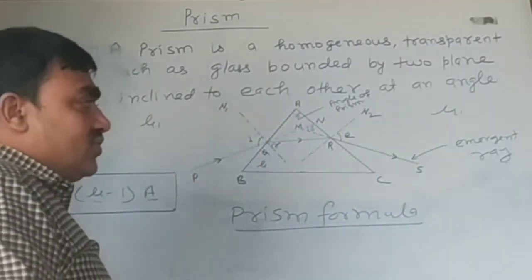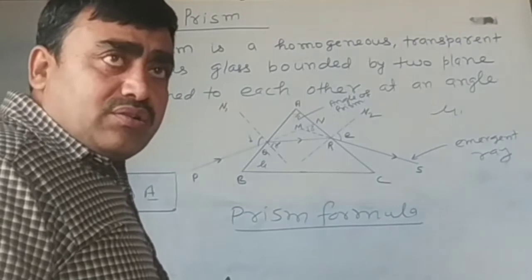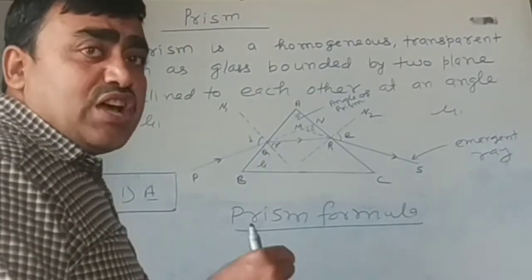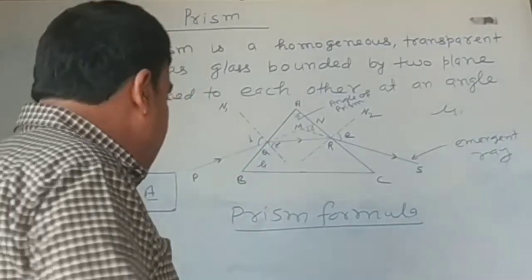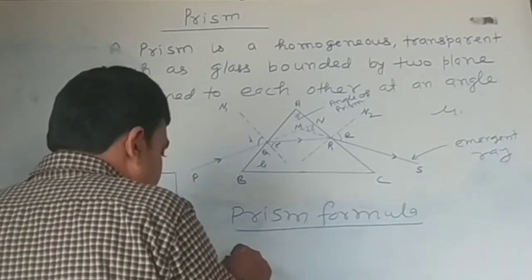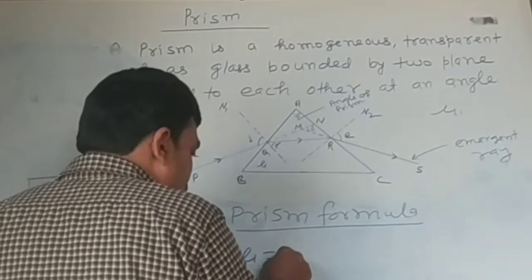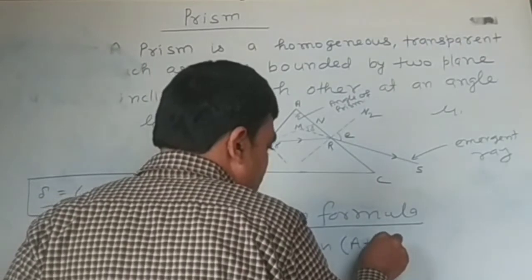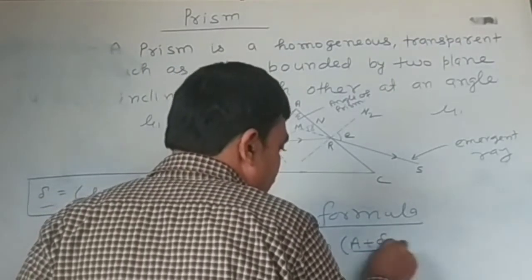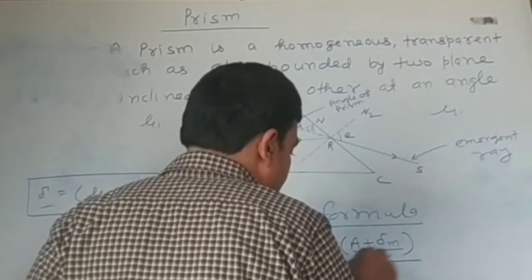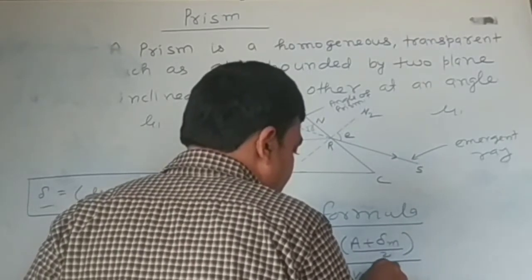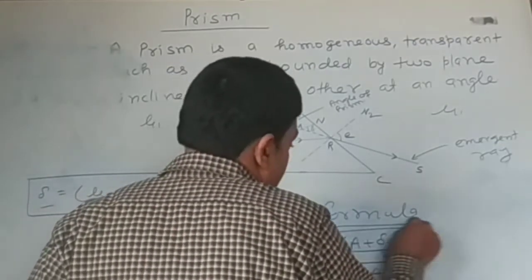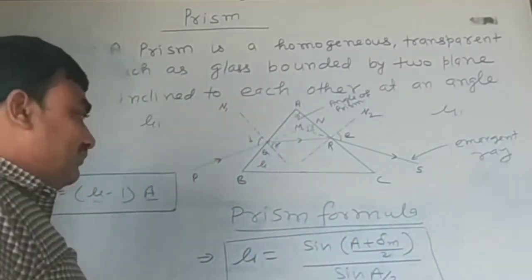The prism formula is determined or derived in the case of minimum deviation. That implies mu is equal to sine of (A plus delta m) by 2 upon sine of A by 2.